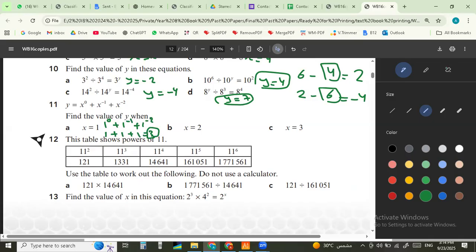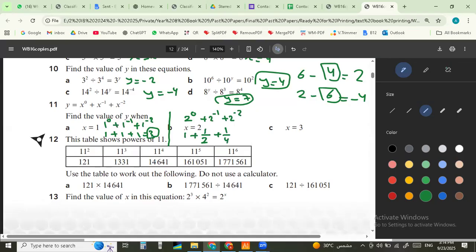But if x is 2, it means here 2 to the power of 0 plus 2 to the power of negative 1 plus 2 to the power of negative 2. Here is going to be a little bit different. 2 to the power of 0 is 1 plus 2 to the power of negative 1 means 1 over 2. And 2 to the power of negative 2, we agreed up there, it's the same exactly as 2 to the power of 2, which is 4, but we're going to flip it, so it's 1 over 4.